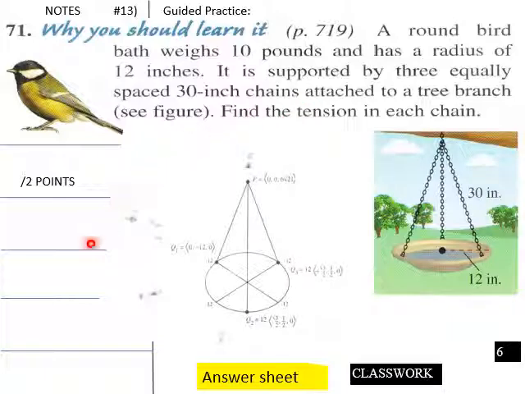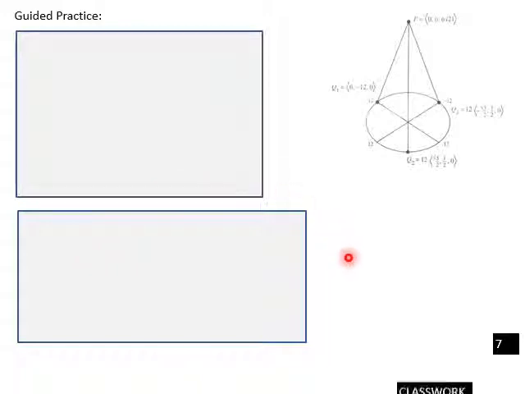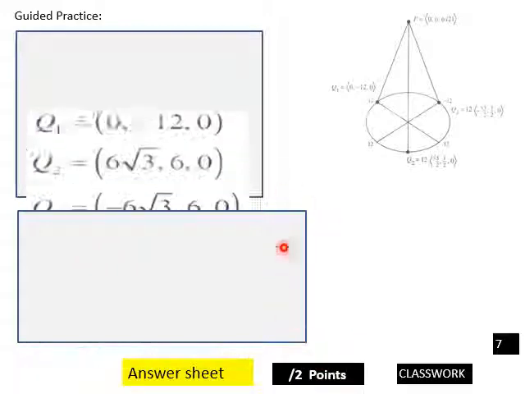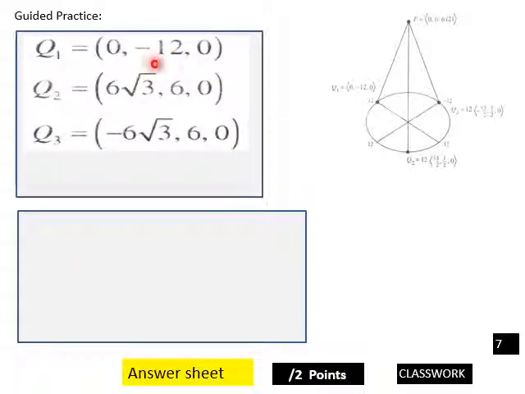So using that same technique that we used before, Q1 will be 0, -12, 0. Q2, which would be this one here, would be 6 times radical 3, 6, and 0.